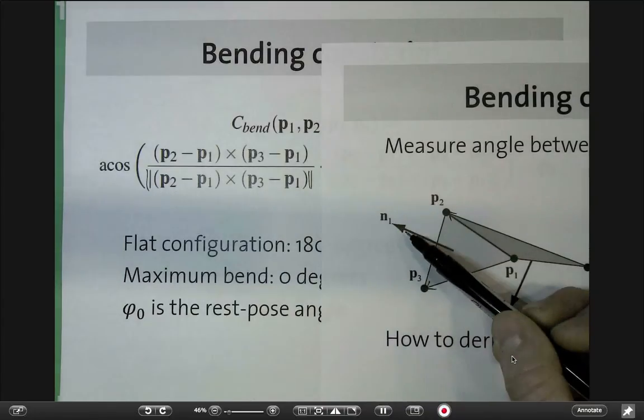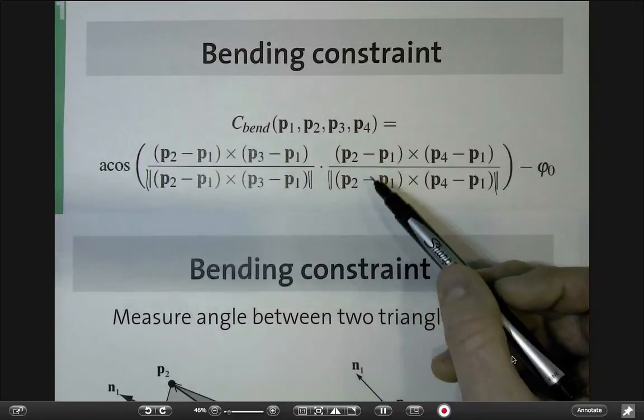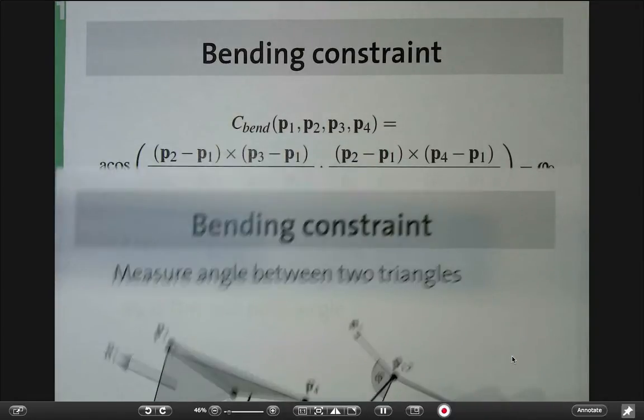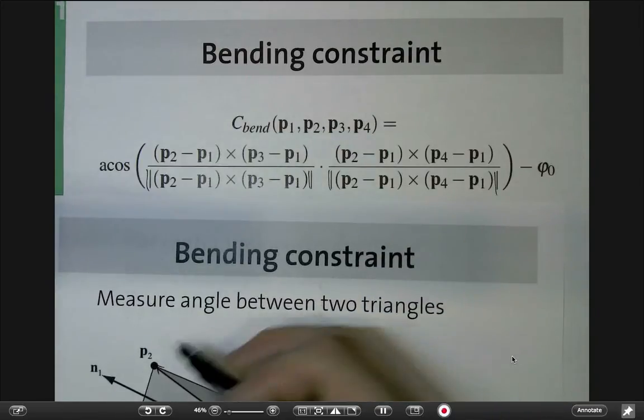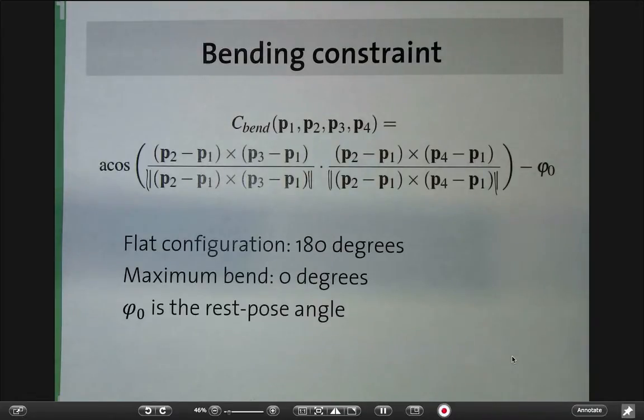That gives me the first normal vector. Same thing here, except that here I do P2 and P4 cross-producted. So this gives me the vectors n1 and n2.